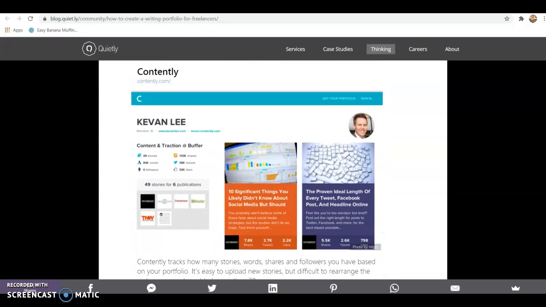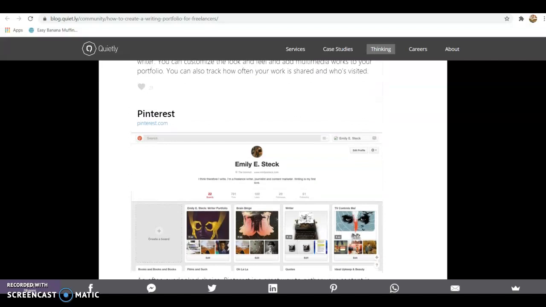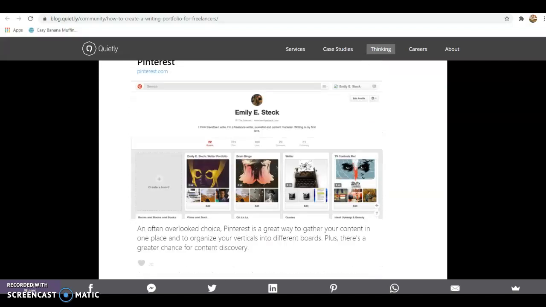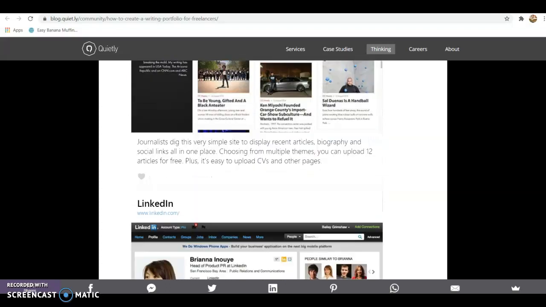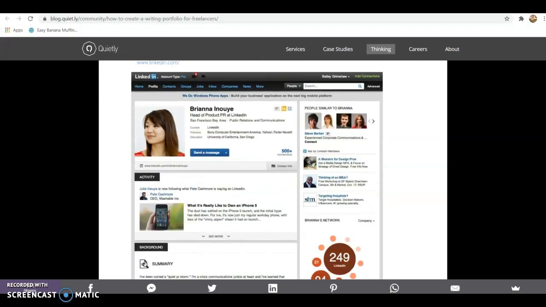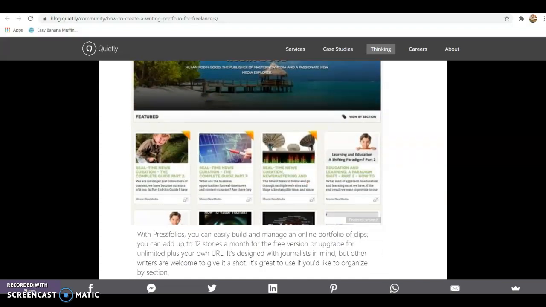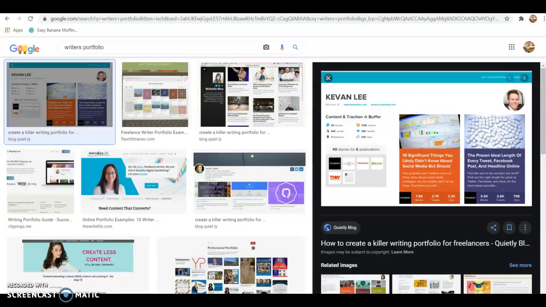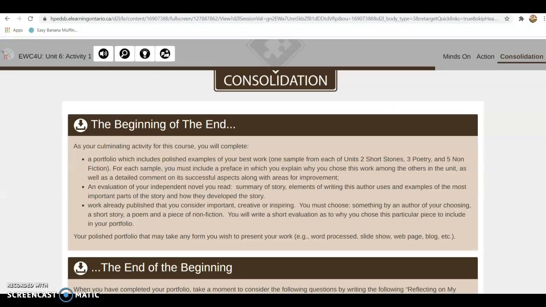You can choose a number of different formats, whatever works best for you. I know Wix is a website that many students use when they're creating their own free websites because they're just using it for a product. Maybe you want to create a different type of product that allows you to be interactive. So again, after you've thought about how to include all of these pieces, the next part is how do I want to display that information?